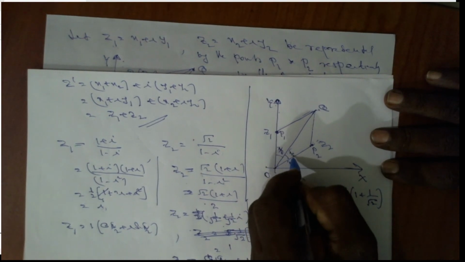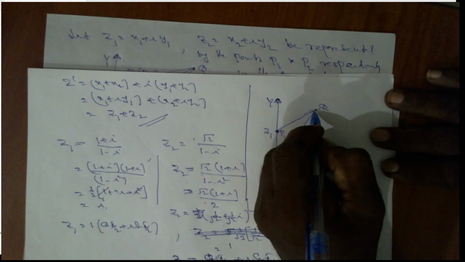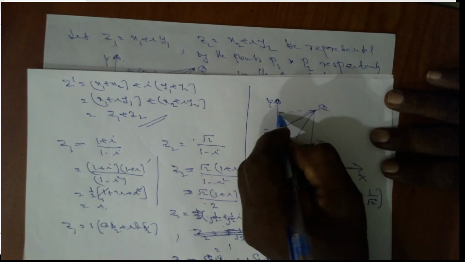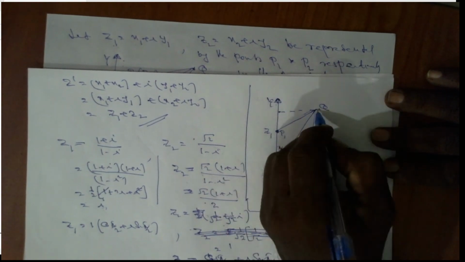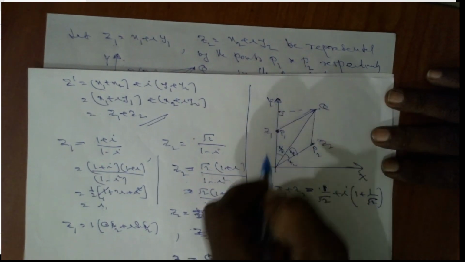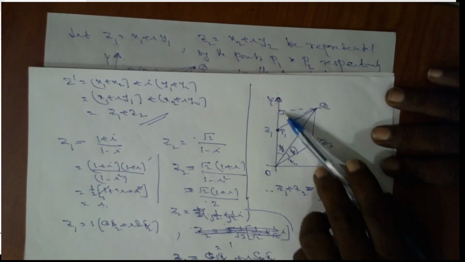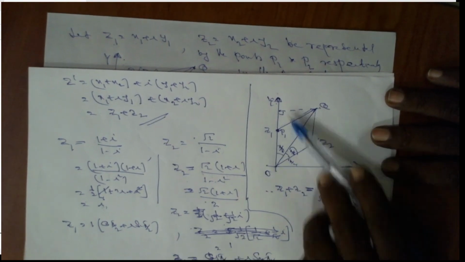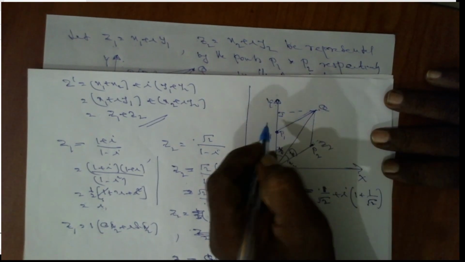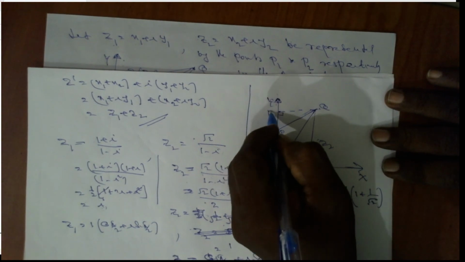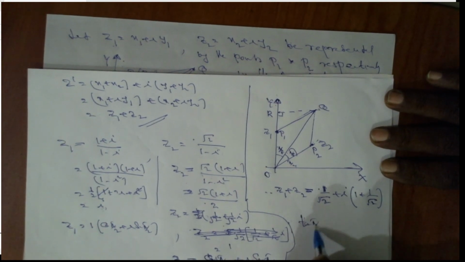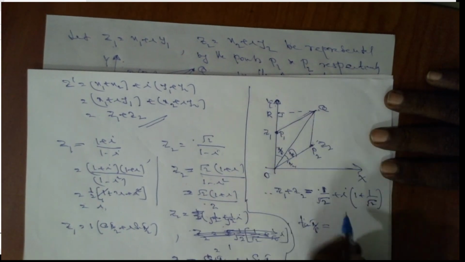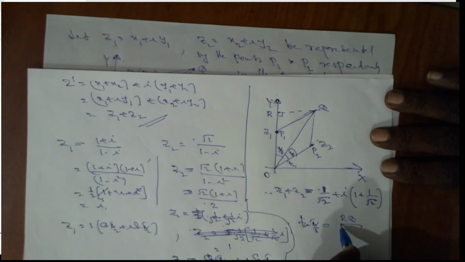If you do a construction like this, drawing a perpendicular to the y-axis, you can straight away calculate tan pi by 8 geometrically. If you mark this point as R, then what is tan pi by 8?